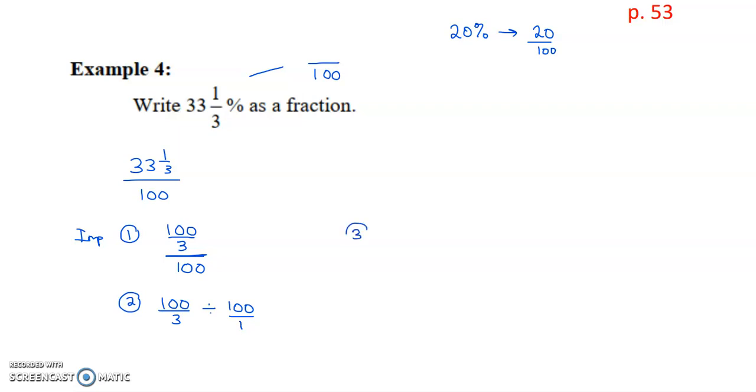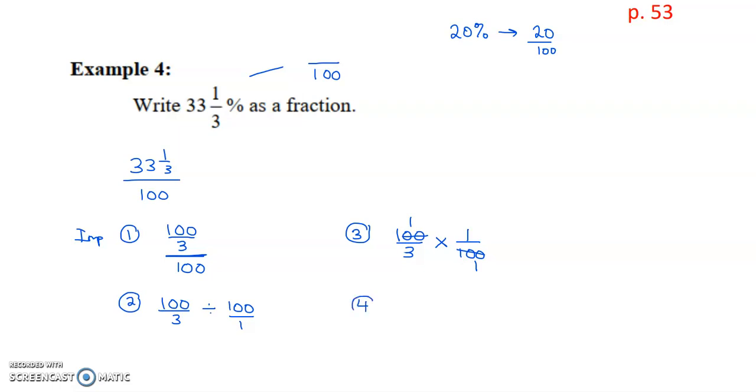Our third step is to keep, change, and flip. So we're going to take 100 over 3 and change to multiplication and the reciprocal. During step 3, we can cross-reduce. So I can see here that I can divide by 100, getting me down to 1 for the numerator and denominators.